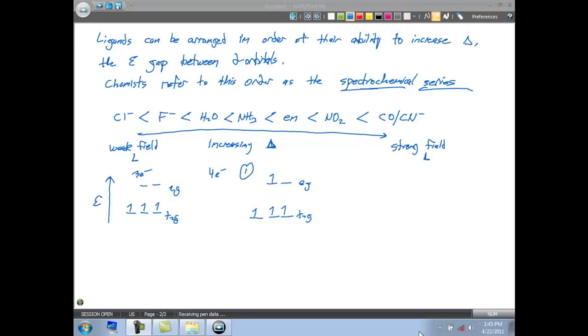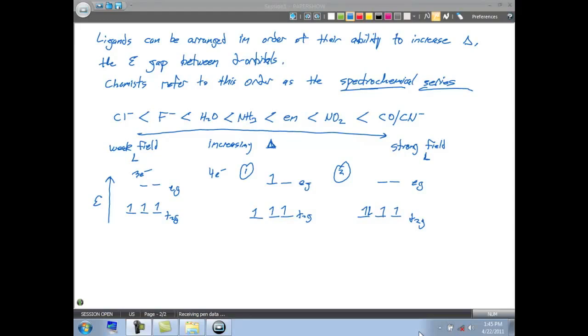The second scenario would be to fill up the t2g orbital with its 3 electrons, and then put the 4th electron down here. So the question is, which case will the electron choose to go with? Would it be case number 1, where it goes in the eg orbital, or case number 2, where we have 4 electrons in the t2g orbital?